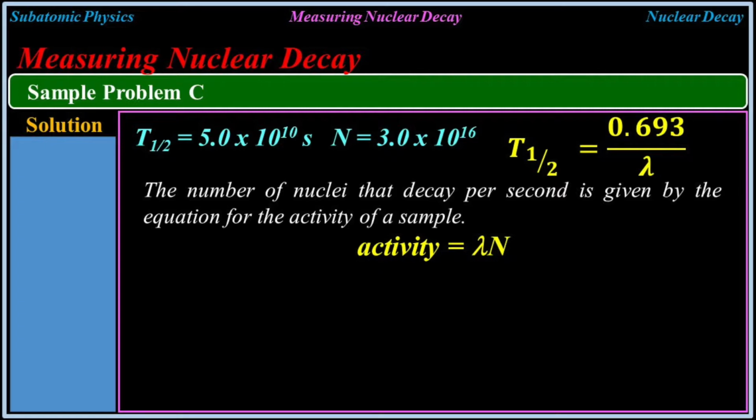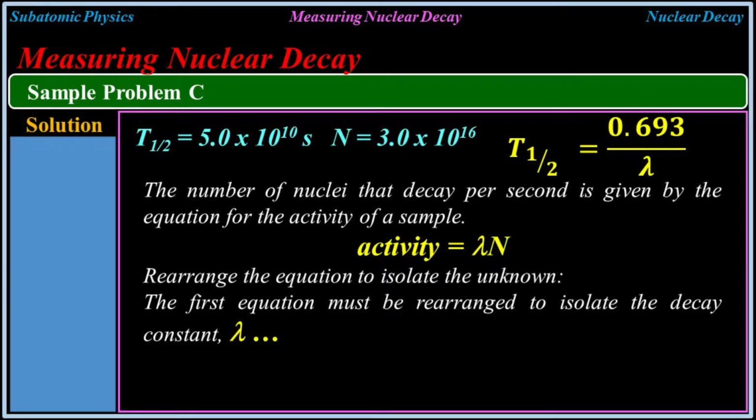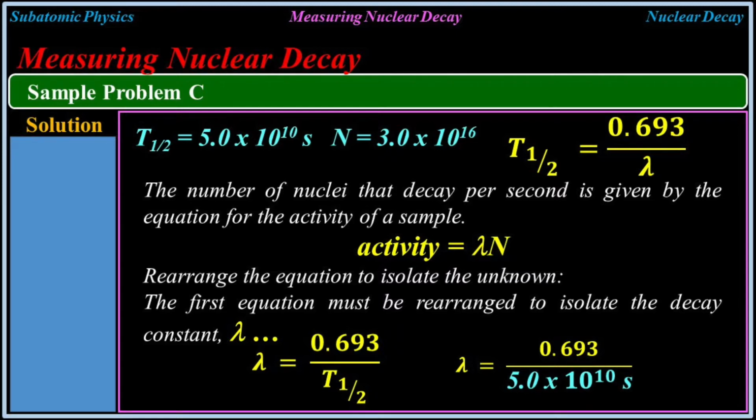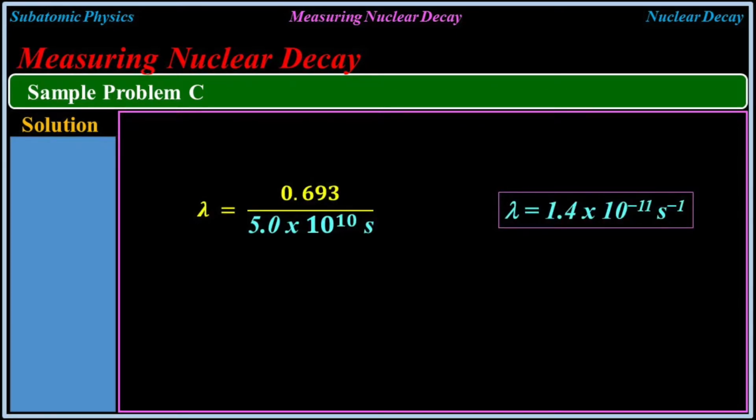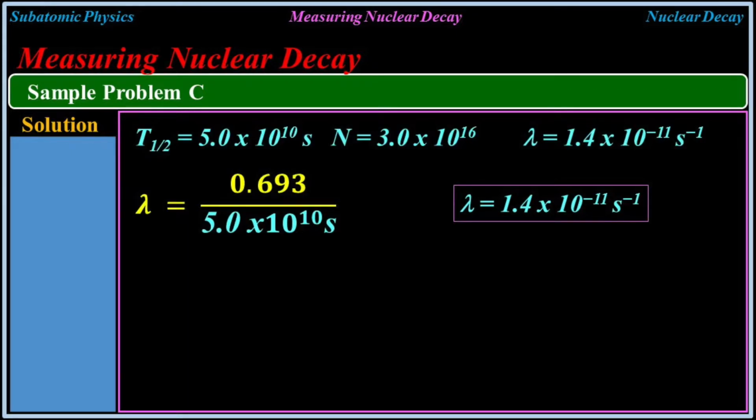Activity equals lambda N. Rearrange the equation and isolate the unknown. The first equation must rearrange to isolate the decay constant lambda. So lambda equals 0.693 over half-life, and you're going to plug in the half-life and crank out 1.4 times 10 to the negative 11 seconds to the negative 1.